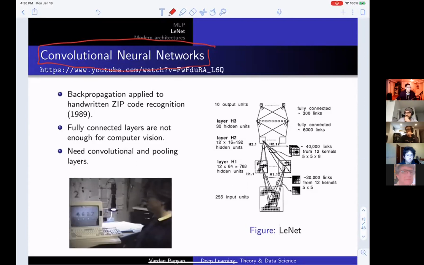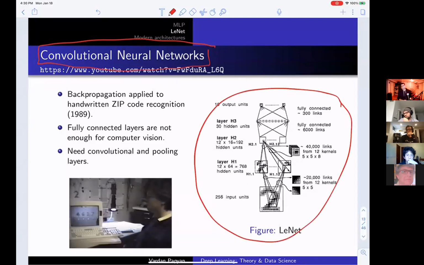Okay, so in that video, the architecture that Jan LeCun was using was not a fully connected layer. It's what's called a convolutional neural network. So what is a convolutional neural network? Here you can see a small depiction of it.